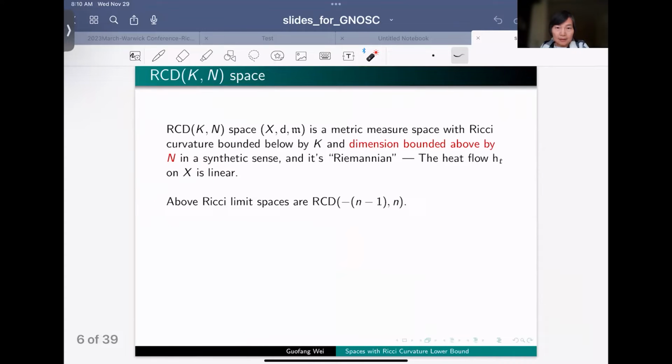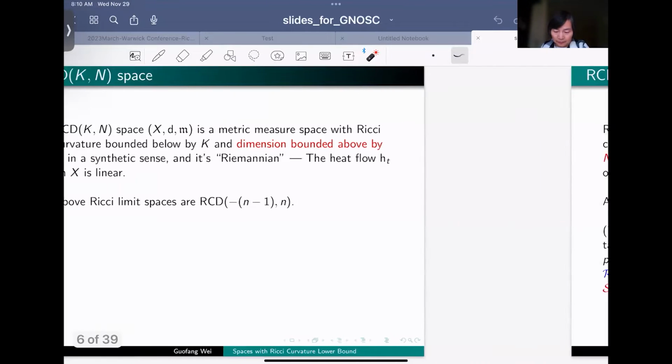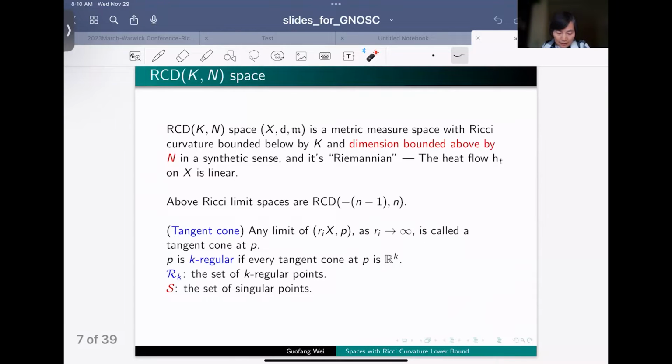These RCD limit spaces are usually far away from manifolds. So to study regularity, it's natural to define what a tangent space is. A tangent space is also a limit, because I can blow up this space. A subsequence always has a limit; basically, you let r go to infinity, so it's blowing up at the point. This limit may not be unique.